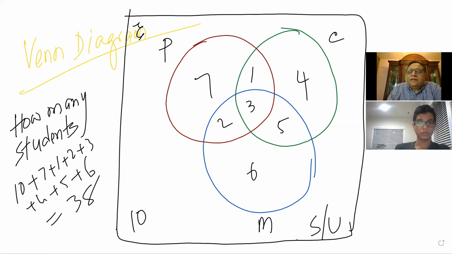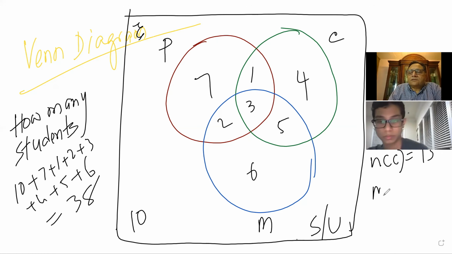Now, how many take physics? Let's call this NP. Only physics? No, we'll add, physics is all of them: 10, 11, 13. And chemistry, we'll add all of them: 5, 5, 13. 10, and 1, 13 again.